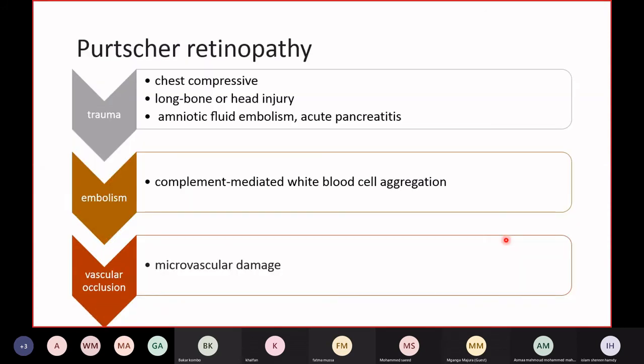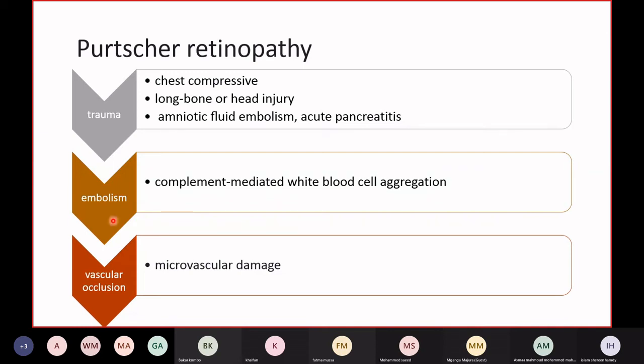Okay. Another disease that you may see in your practice is Purtscher retinopathy. Usually the scenario is that you will be called to see a patient in the trauma ward or the ICU, a patient who suffered chest trauma or a head injury or something like this. The main pathogenesis here is complement-mediated embolism, which causes vascular occlusion.